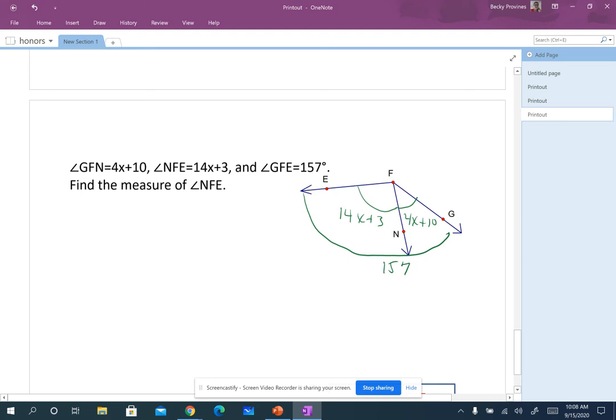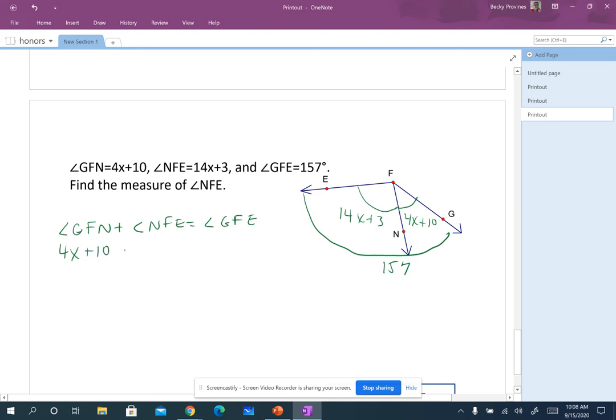Okay, so little angle plus little angle equals big angle. Let's write out the names first. GFN plus NFE equals GFE.